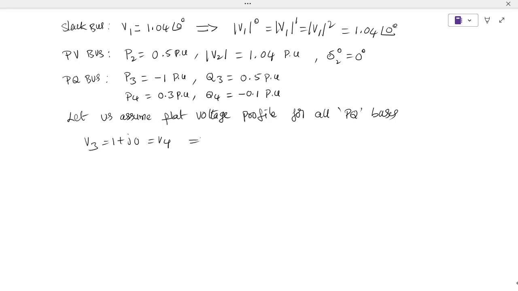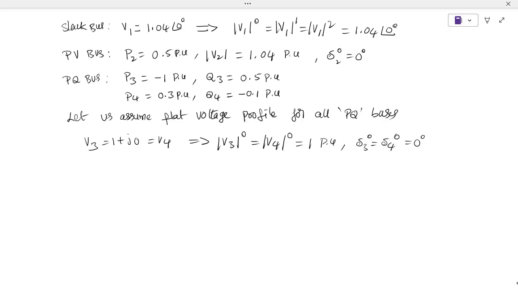From this we can write the magnitude of V3 initially, and similarly the magnitude of V4, that is initially we are assuming as 1 per unit, and their angles also, delta 3 0 is equal to delta 4 0, that is equal to 0 degrees.